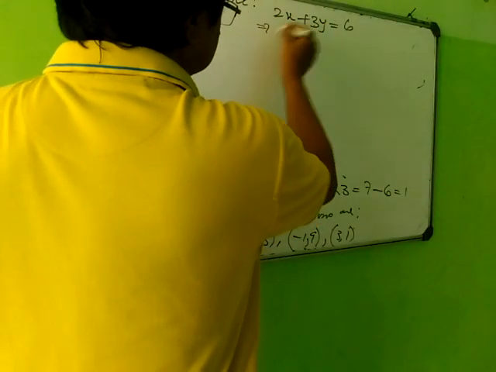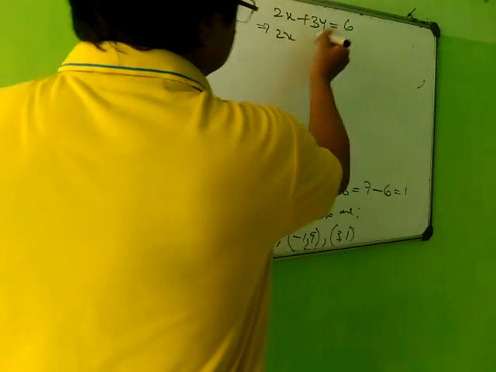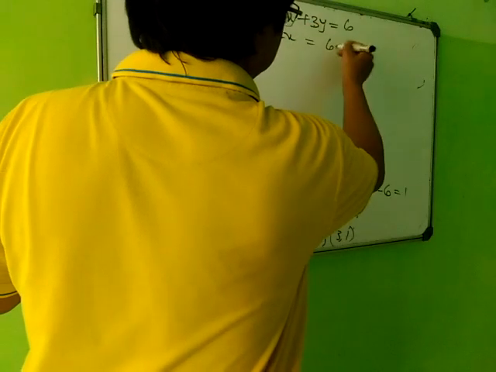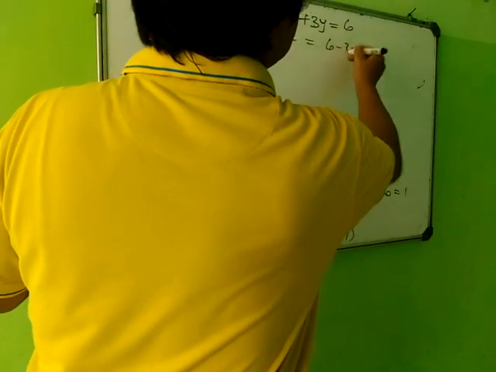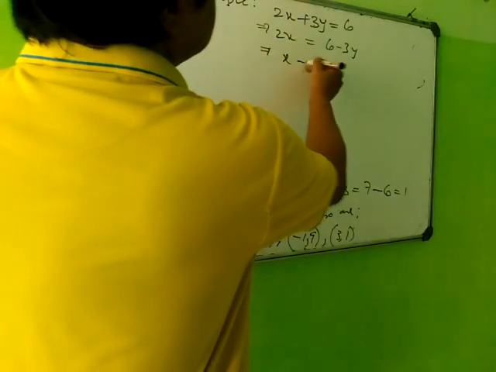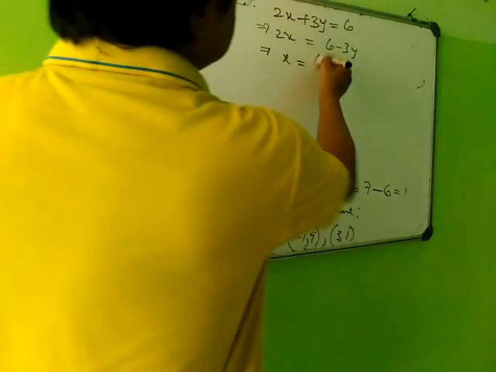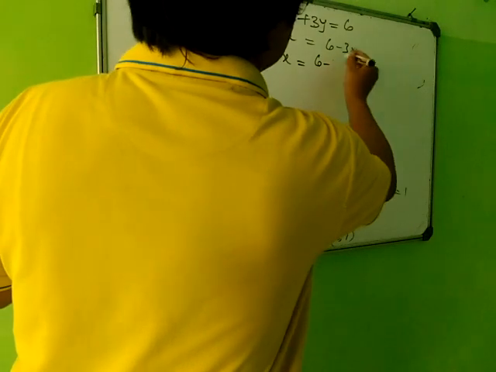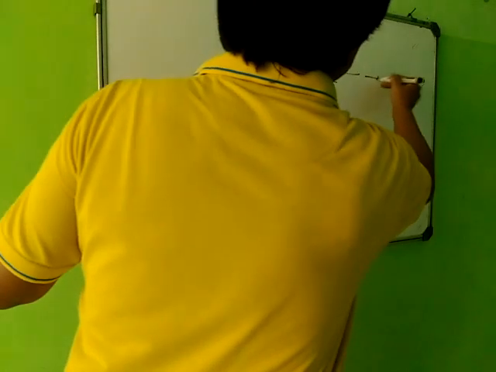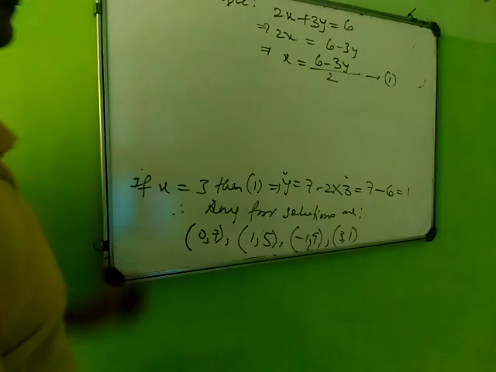This gives 2x equals 6, you take 3y to that side, there is plus, it will be minus 3y. Then x equals 6 minus 3y divided by 2. Take this as equation number 1.